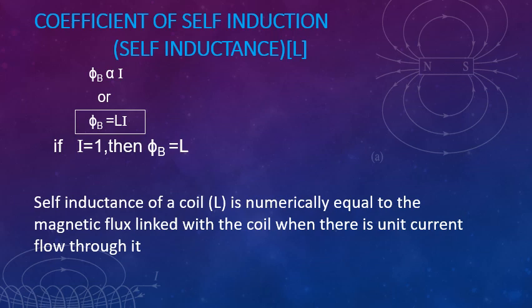If current is equal to 1 ampere, then flux phi B is equal to L. Therefore, the self-inductance of a coil is numerically equal to the magnetic flux linked with the coil when there is unit current flow through it.